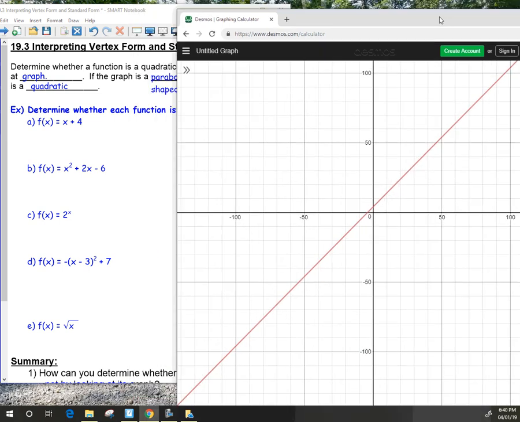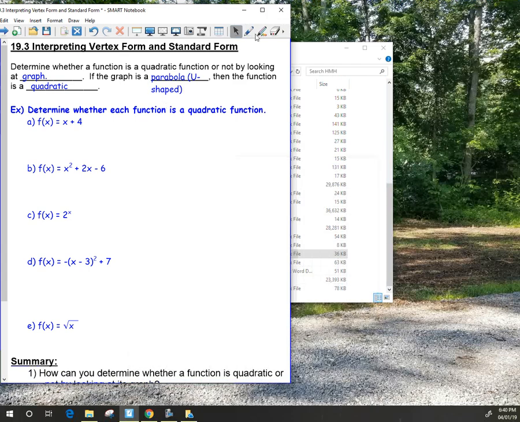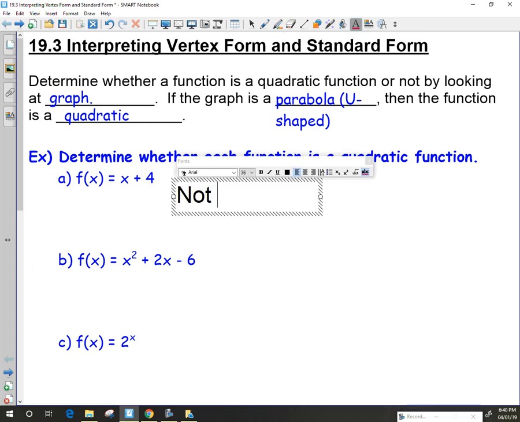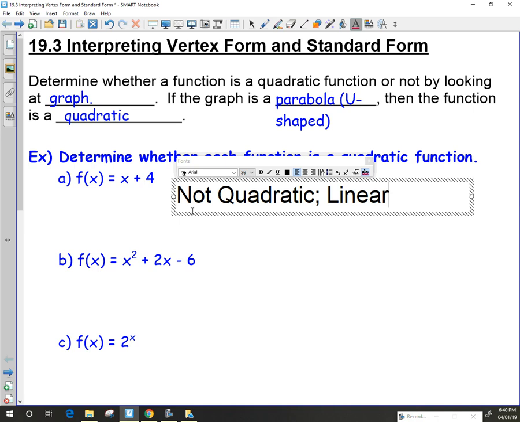So this is not quadratic, but it happens to be a linear function, meaning it's a line.